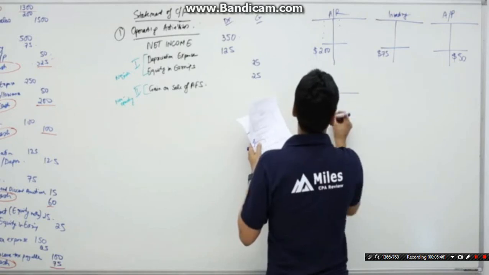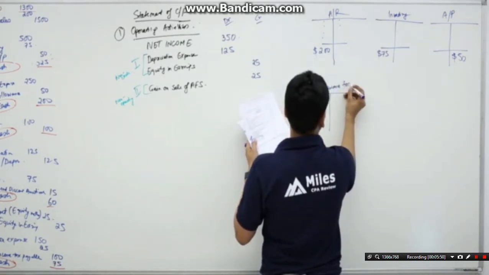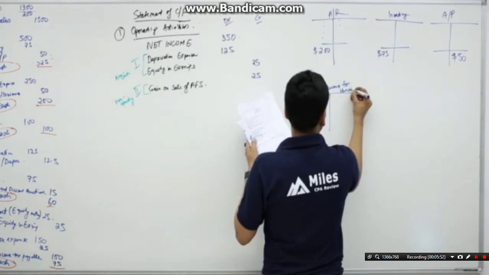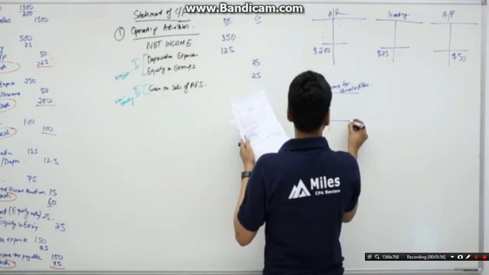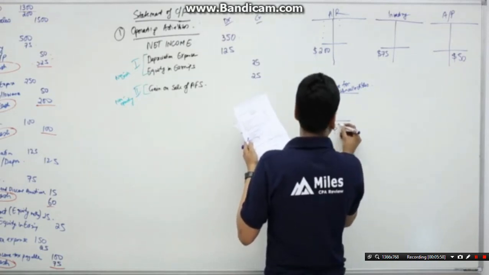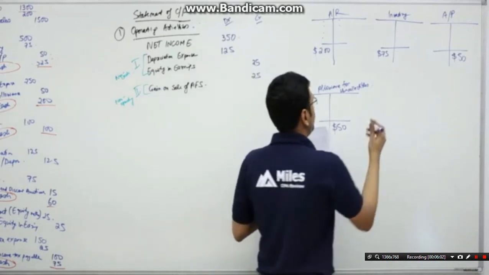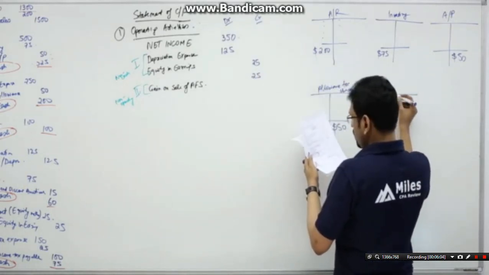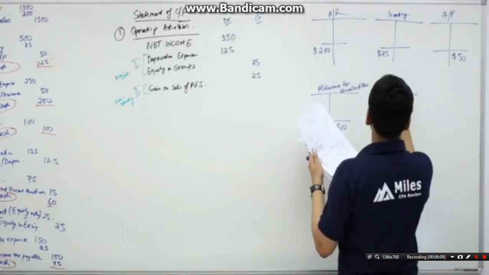Increase in allowance for uncollectibles. An increase in that allowance means you're going to have a credit of 50. Allowance is a credit account. Increase means credit 50. Then you have accumulated depreciation.